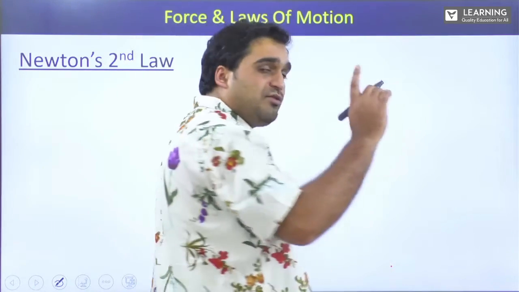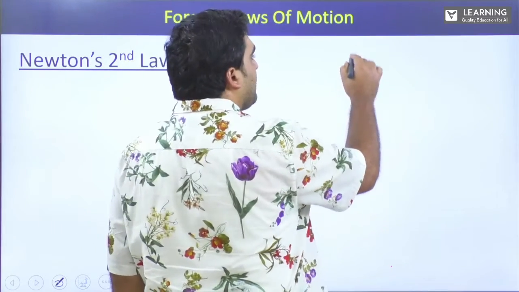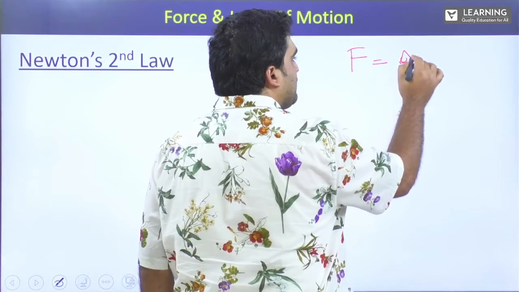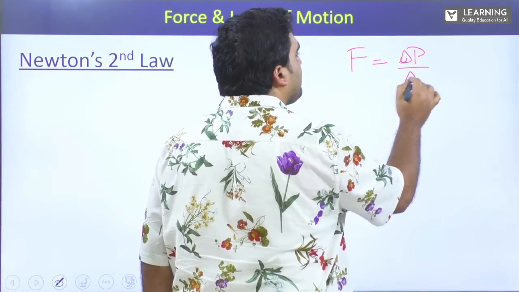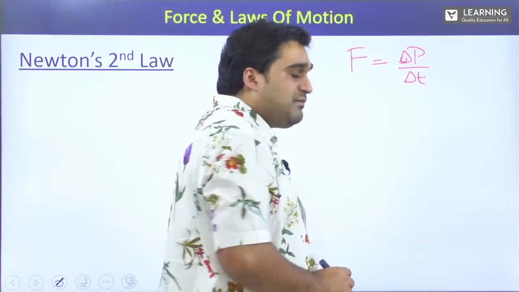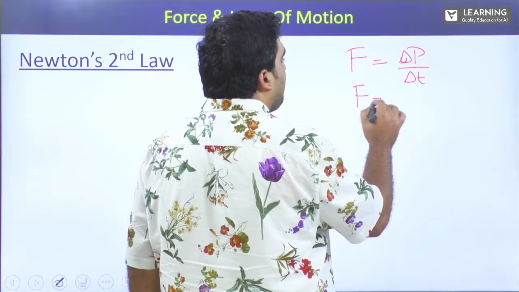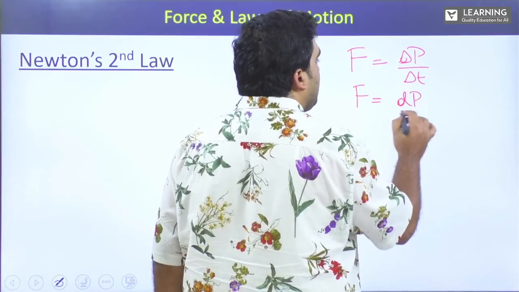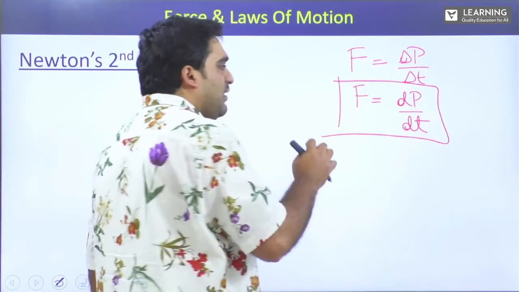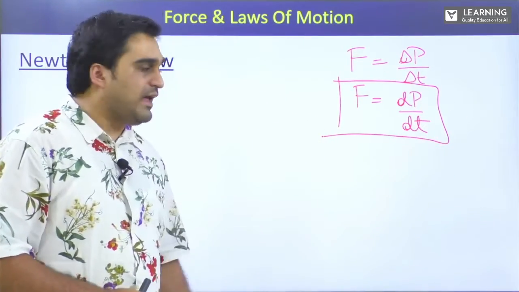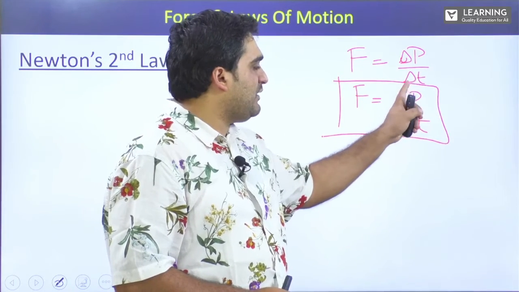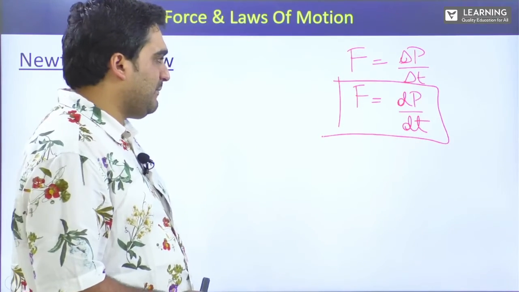The other method to express this force is the change in momentum, delta P by delta T. By applying limits, you get F equals dP by dt. So this is another expression with the help of differential calculus. Force is given as a differential form of delta P by delta T.